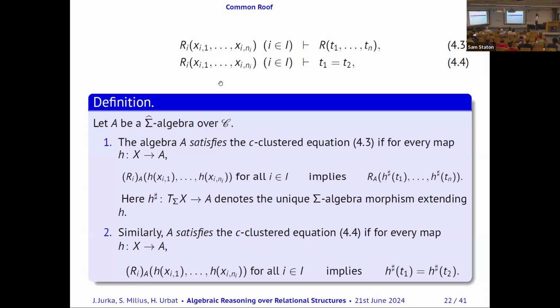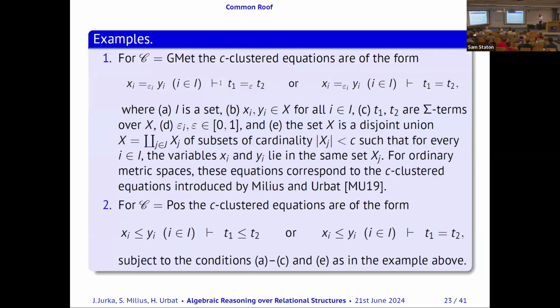Here, since on the right-hand side there are terms, not just variables, one needs this extension to the term algebra. When instantiated to these examples, we already saw that the equations looked like this and like this.